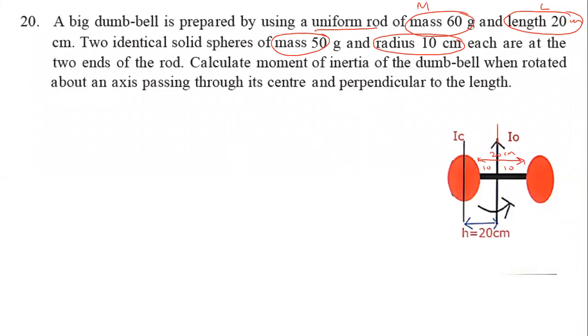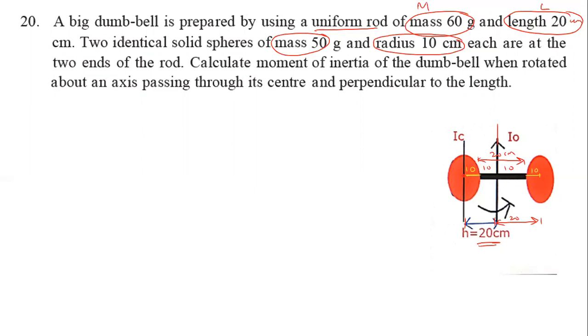The solid sphere has radius 10, this one also has radius 10. Here you can see the total distance h, the distance between the center of the sphere and the center of the rod, is 20 centimeter.